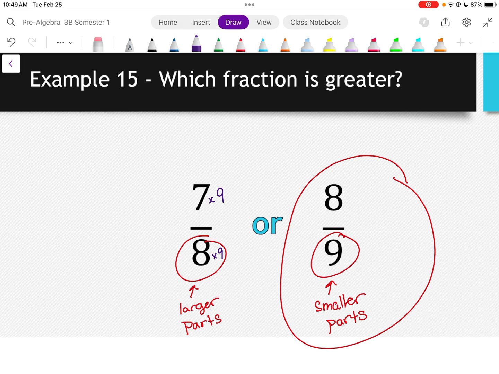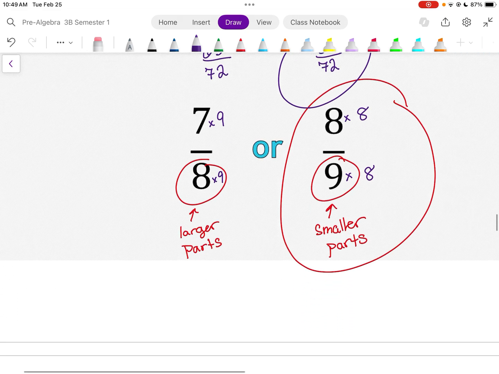And again, we're going to check our answers by getting that common denominator. And this one will give us 63 over 72. And then 64 over 72. Showing again that that 64 over 72 is the larger number. So 8 over 9 would be our answer.